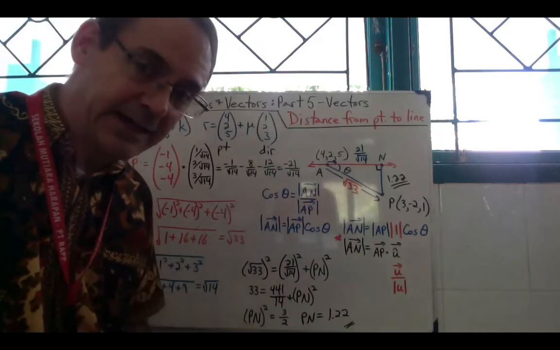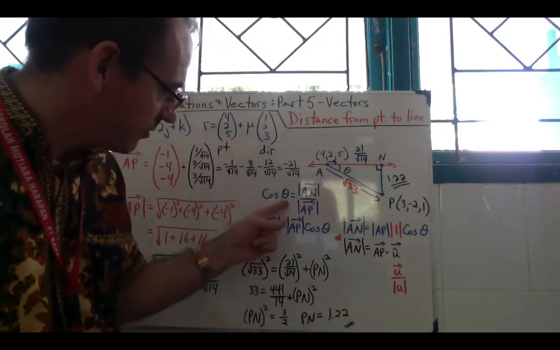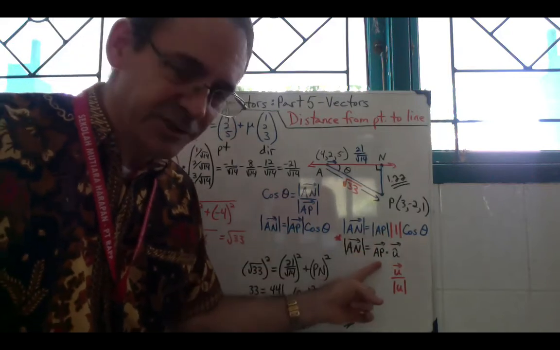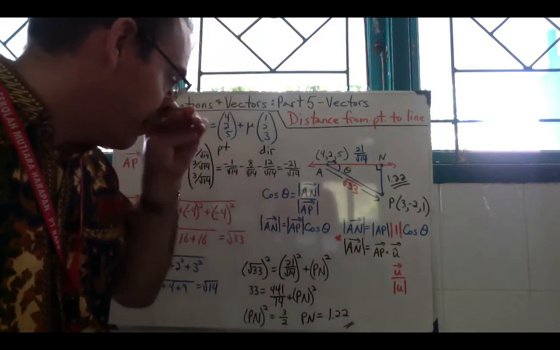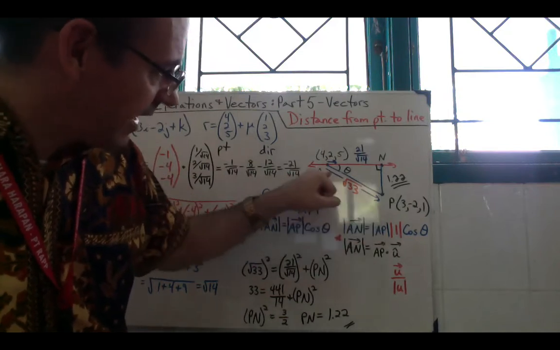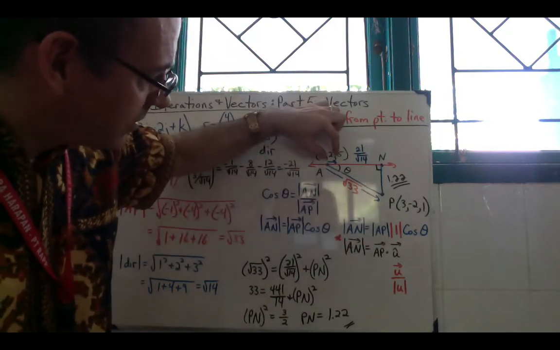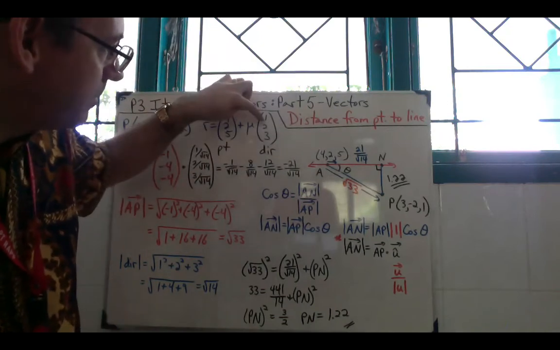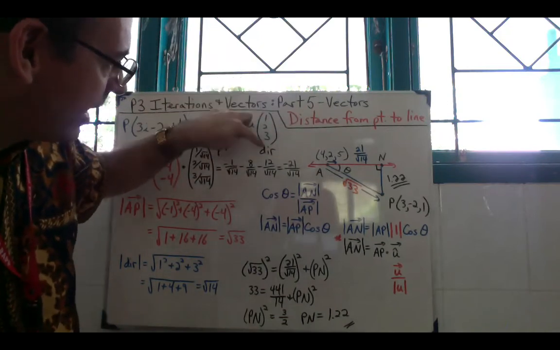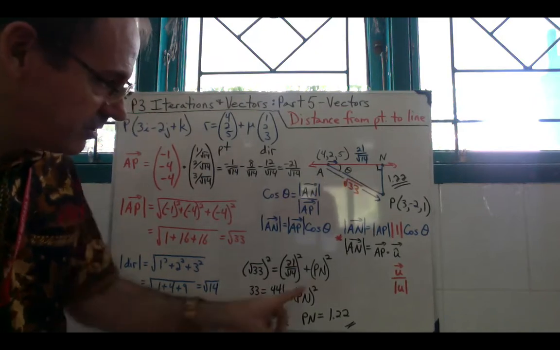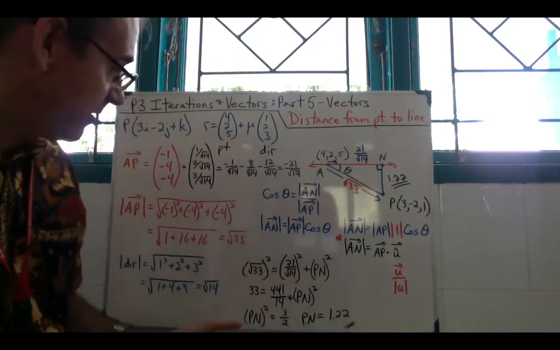If you forget, you can start with cosine theta and then derive it and it should come back to your memory. But all you need to know is that you take the direction of AP and take the dot product with the unit vector, meaning you need to take the direction and divide it by its magnitude because that's the formula for a unit vector.